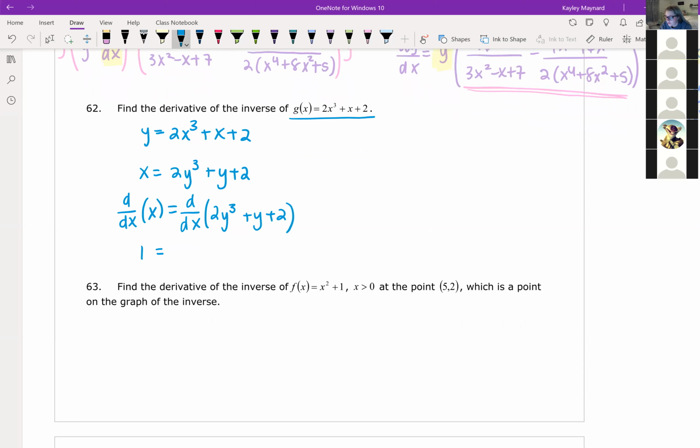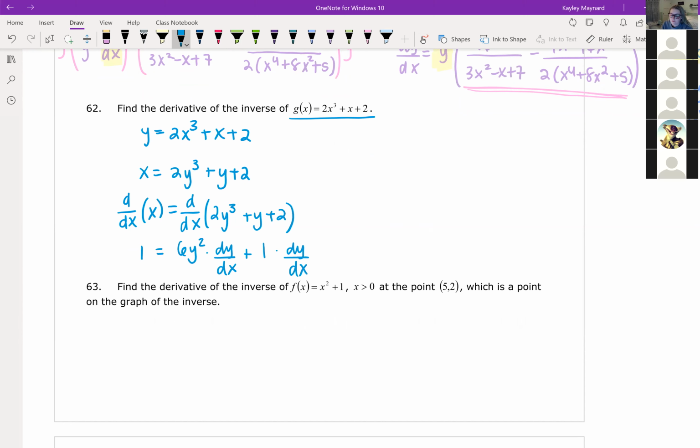The derivative of 2y cubed. Does anyone have the derivative of 2y cubed for me? 6y squared. Perfect, 6y squared. And since we took the derivative of y, I'm going to write dy dx. The derivative of y would just be 1, same thing, dy dx. And the derivative of 2 is just 0.